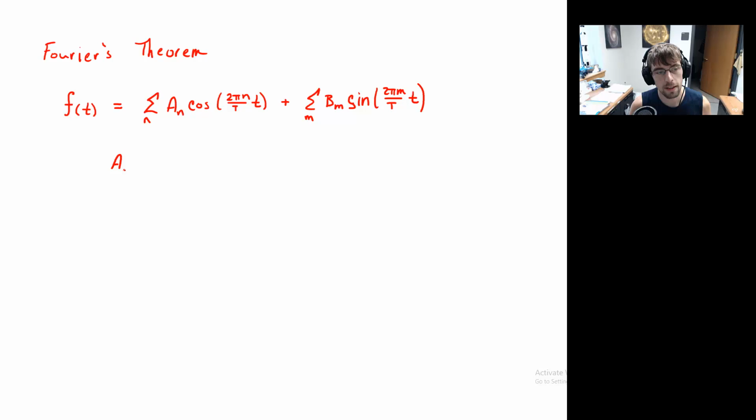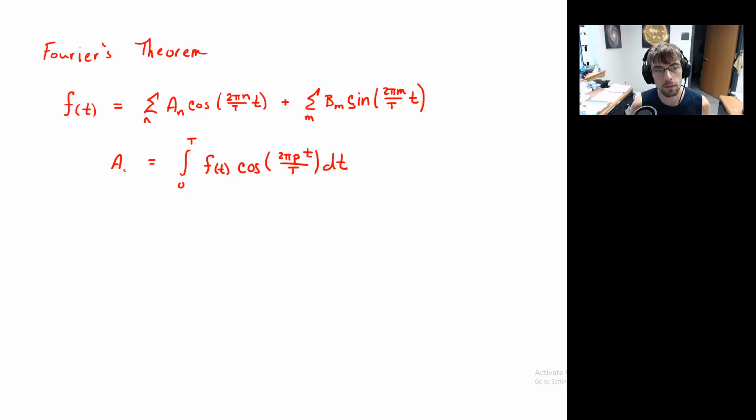So you can say that the coefficient a_p can be obtained by integrating your function over the period times cosine of a particular frequency, so I'll just label that as 2 pi p t over T, dt.